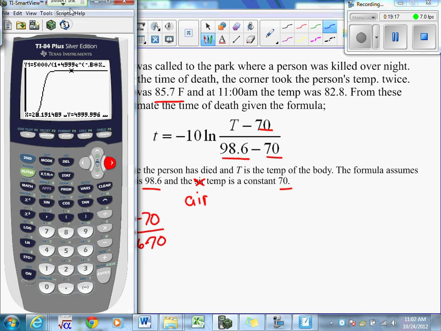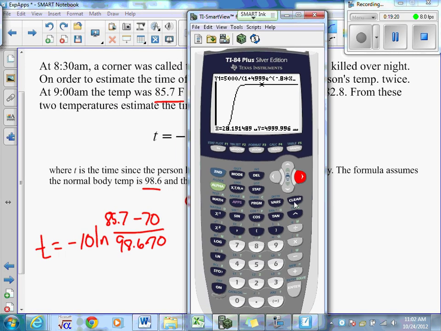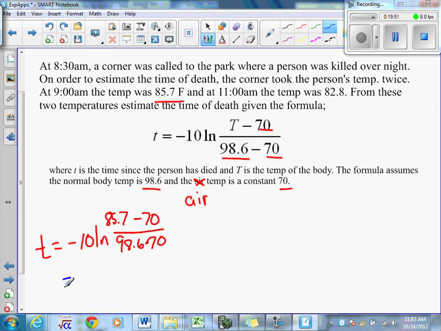So let's evaluate this then. So we have negative 10 natural log 85.7 minus 70. And notice how I'm using parentheses to try not to make a mistake. And we get 5.997.